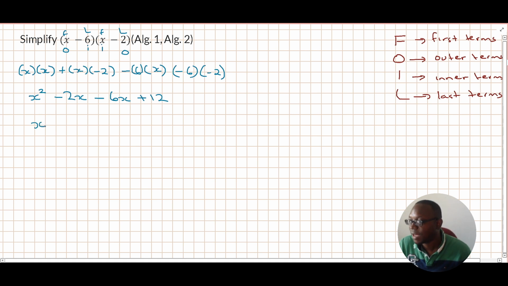So now we have x squared, negative 2x minus 6x is going to give us negative 8x. And then we have plus 12. So that is the way you simplify or distribute this. You multiply two binomial expressions together.